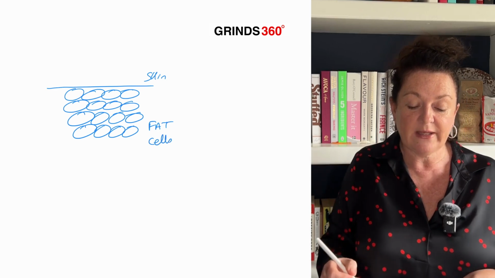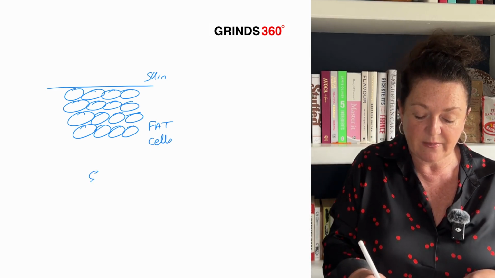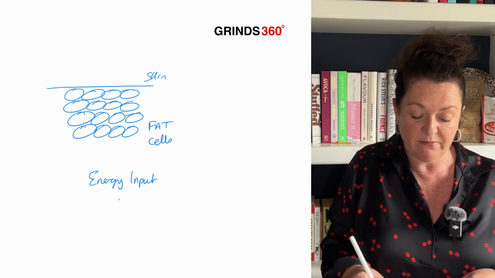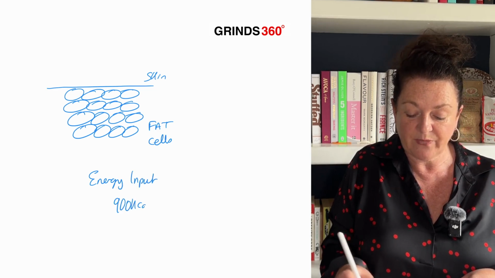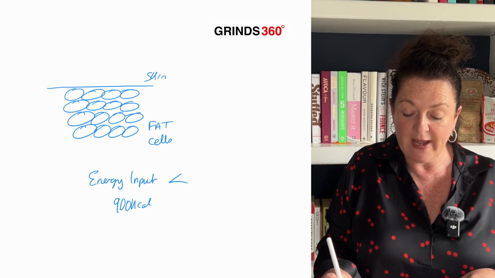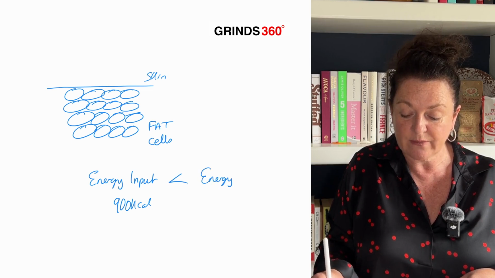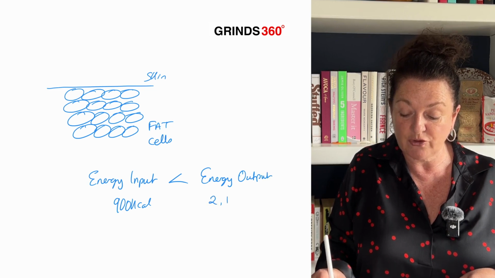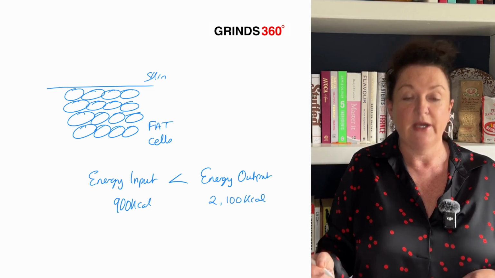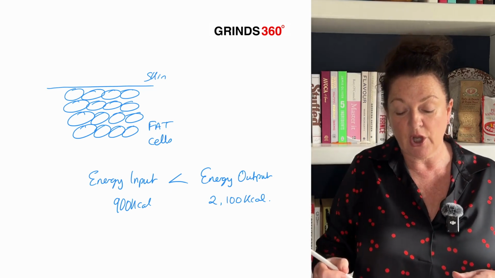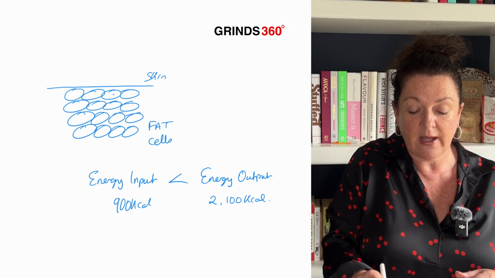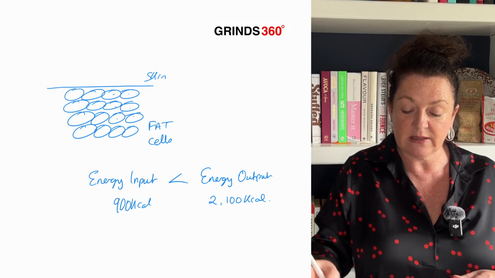And our kilocalorie intake, our energy input, happens to be 900 kilocalories, yet our energy output happens to be 2,100 kilocalories. So I said earlier, where does the energy come from? From the reserves here in our fat cells.